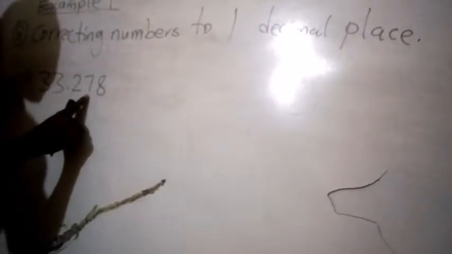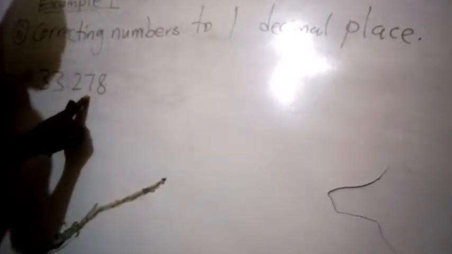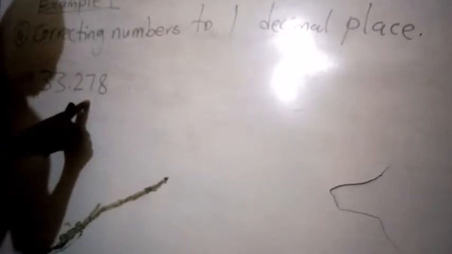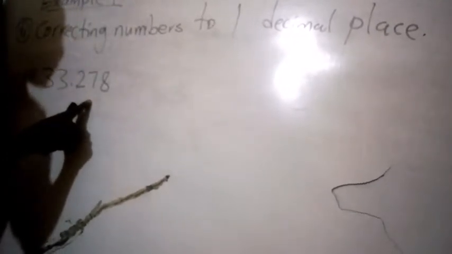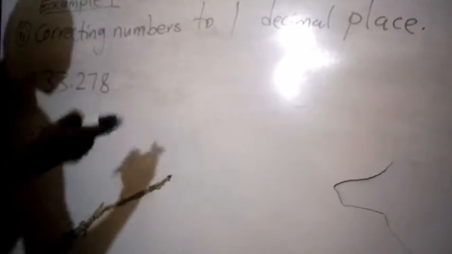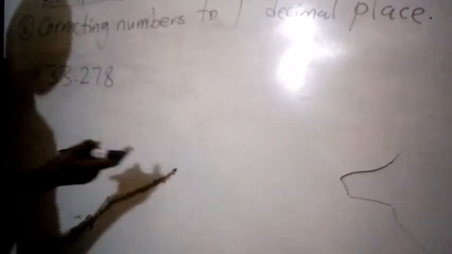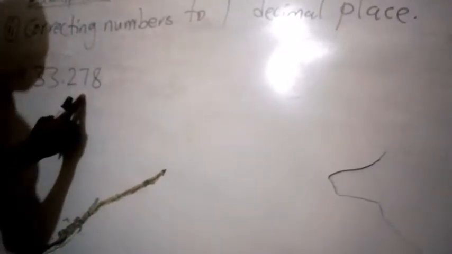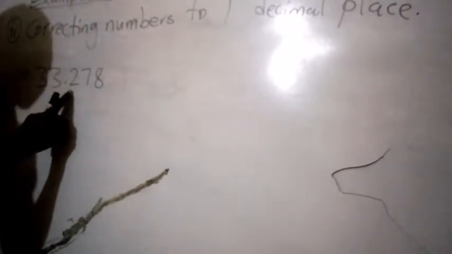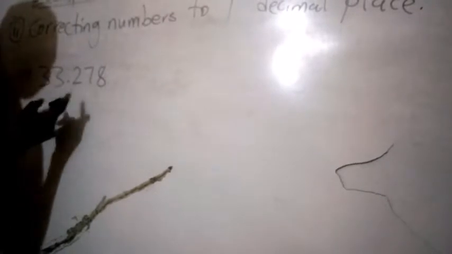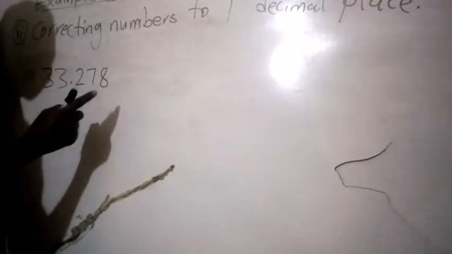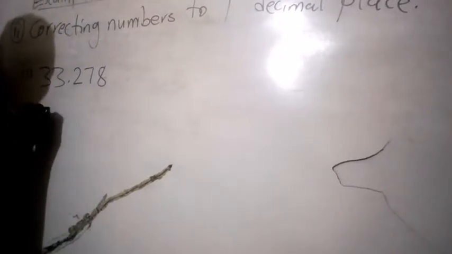Now 1 plus 7 gives me 8. 8 here too will be termed 1 because it is half or even more than half of 10. Now 1 plus 2 here will give me 3. Therefore, correcting this given number to one decimal place, I have 3.3.